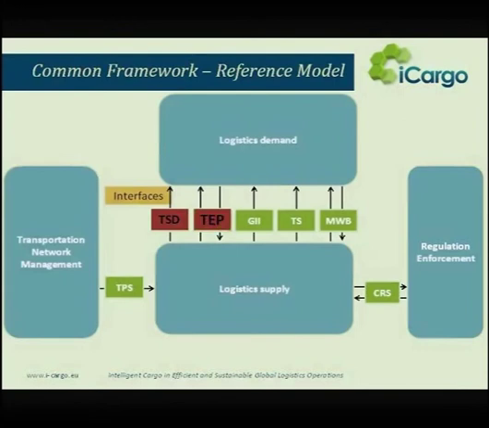The TEP, or the Transport Execution Plan, this is a plan for logistics services established jointly between a logistics service client and the provider. Then the goods item itinerary specifies the route and the time schedule for a transported item, and the transportation status messages provide the status of a logistics service covered by a transport execution plan.